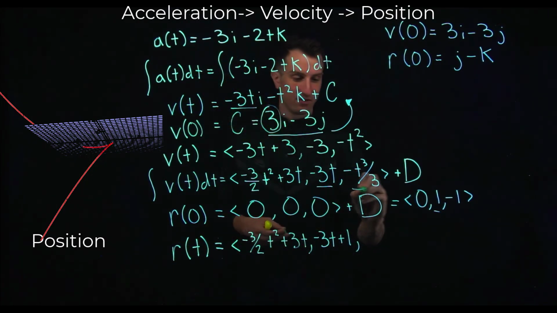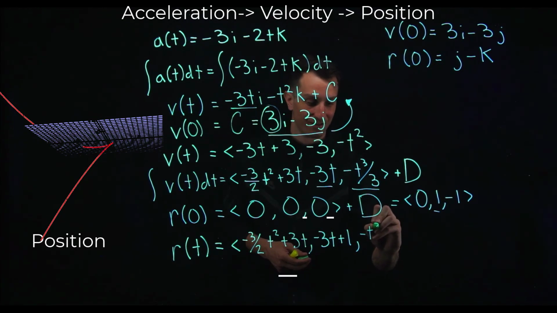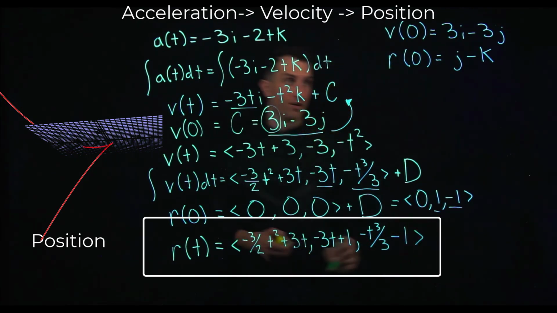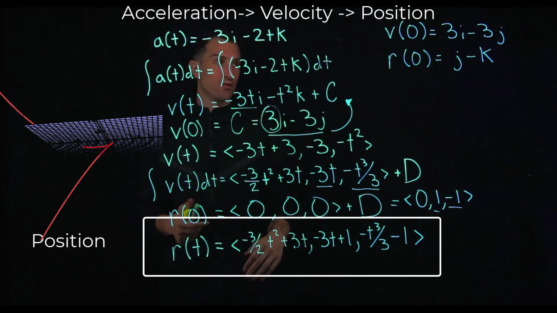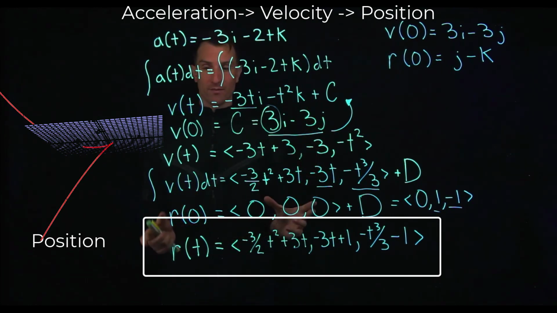Next, we have a negative t cubed over 3, and we also have a minus 1. All right, so we have our final answer here. In this case, we just had a bunch of reverse power rules going all the way down. We threw in some initial conditions, so we have to go find the constants as we go backwards, but straightforward enough.